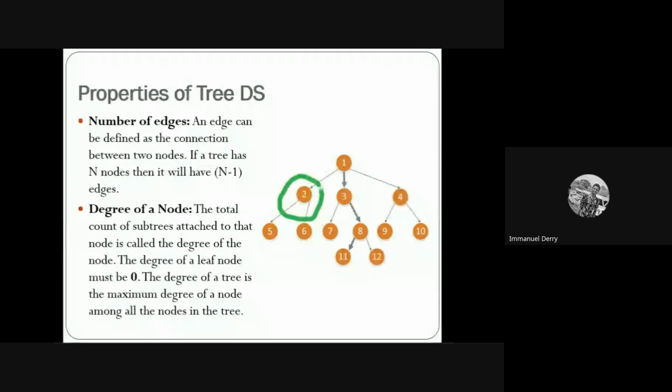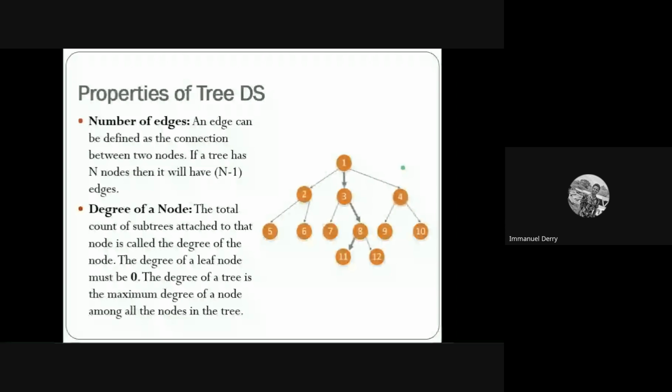So these ones can also be subtrees, but we can preferably call them nodes. So what is fine is 2, 5, and 6, the subtrees of node 2.